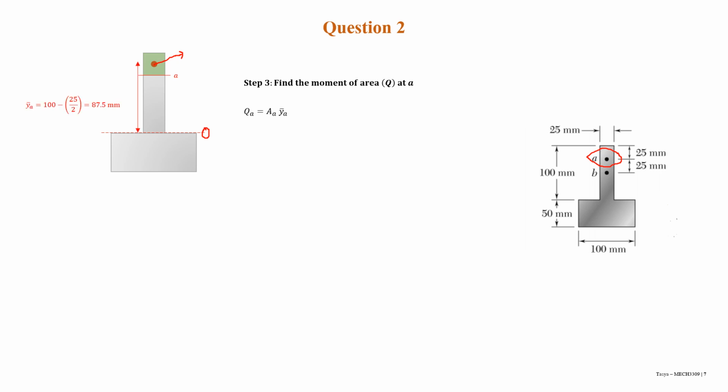So the YA is 100 minus 25.2, which is 87.5 millimeter.